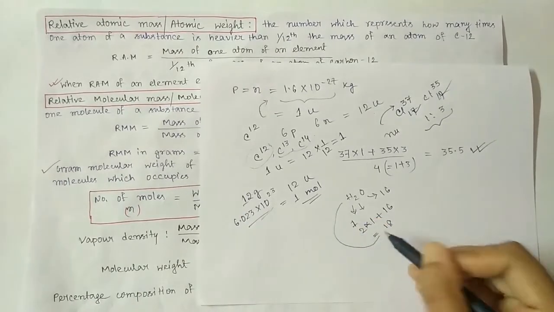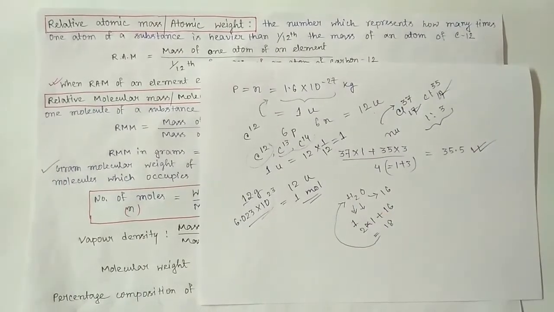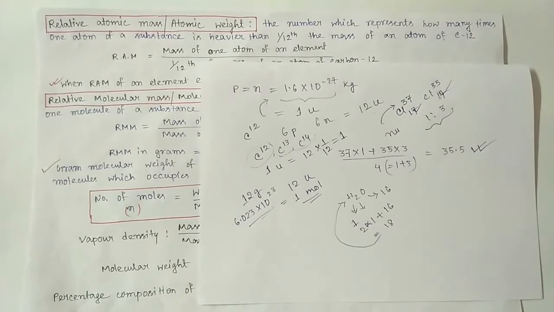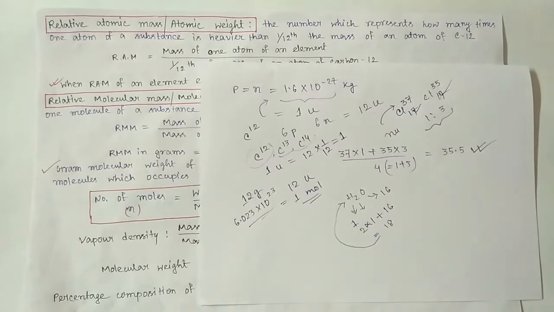So this is the molecular mass, and from here we can say that the molecular mass of H2O is 18 AMU, atomic mass unit. So we can also say that one molecule of H2O is 18 times as heavy as 1/12th the mass of a carbon atom of C12, because we just keep this as a reference.